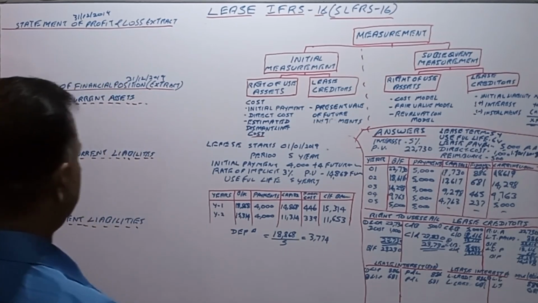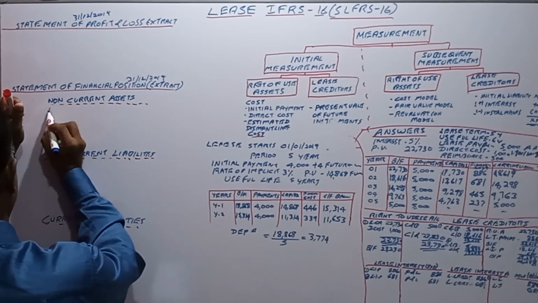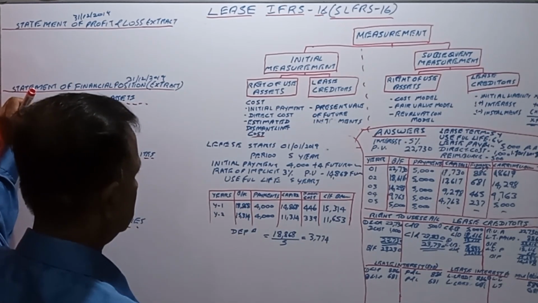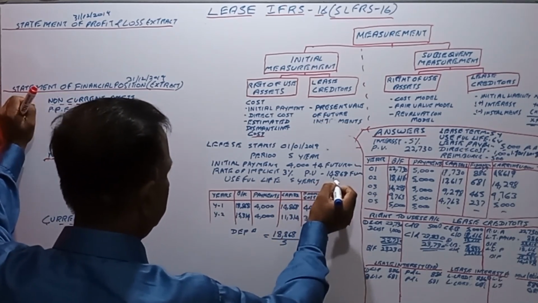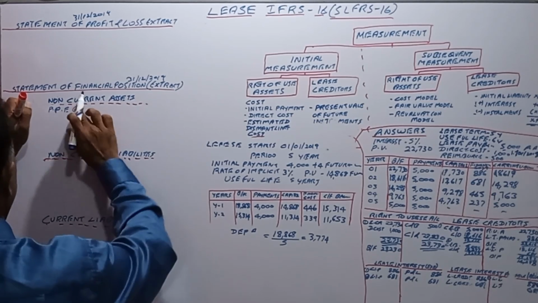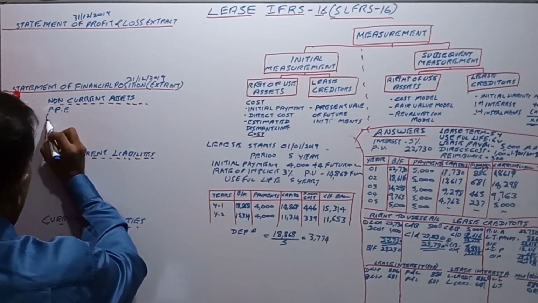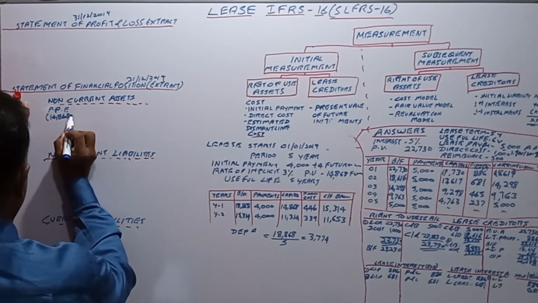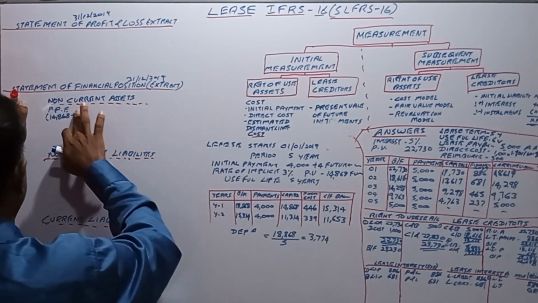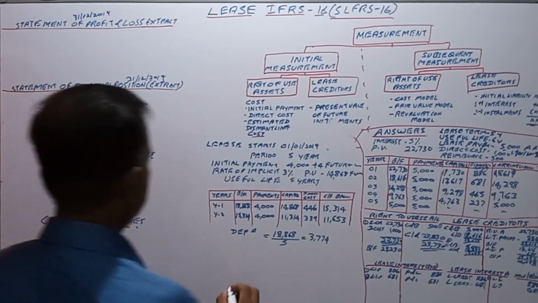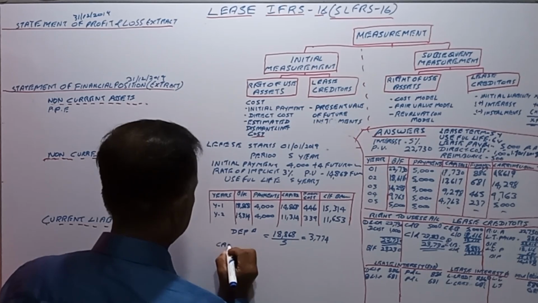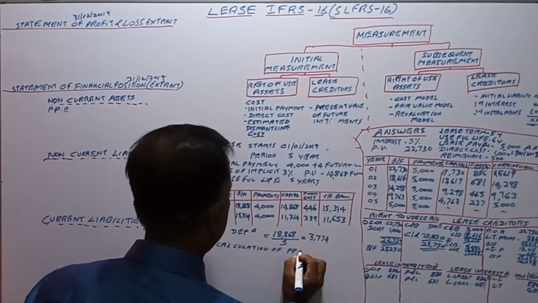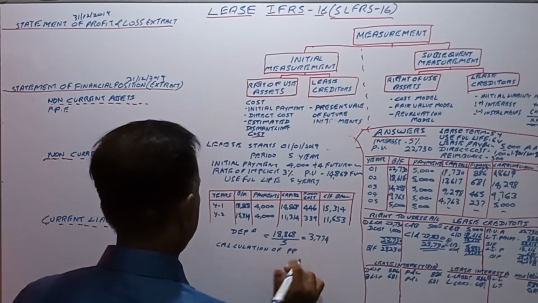In the non-current assets, we have to show property, plant, and equipment.